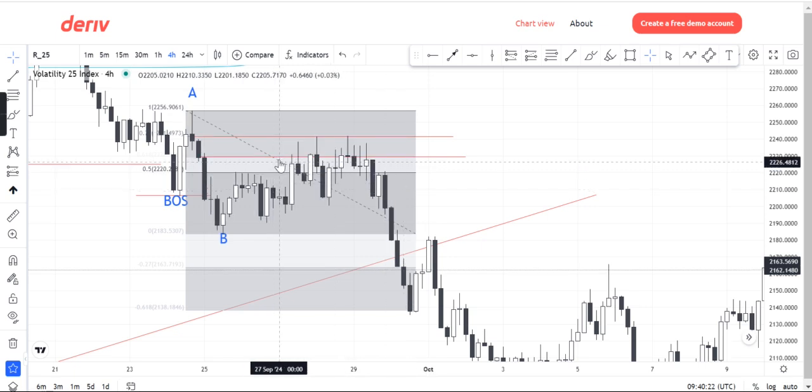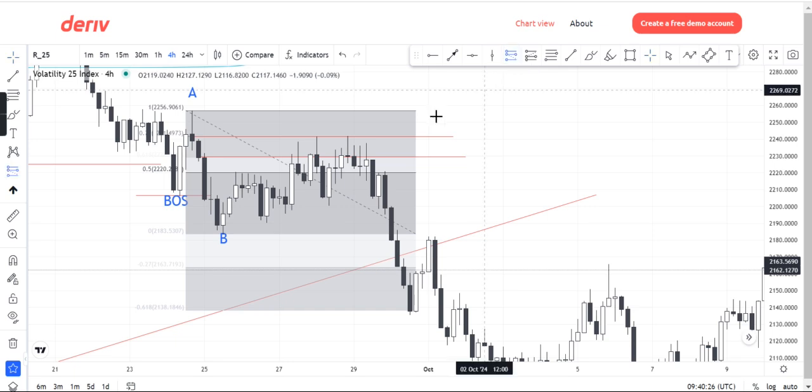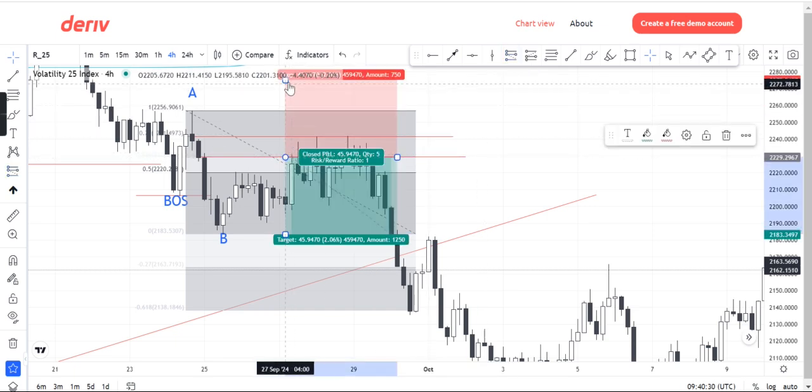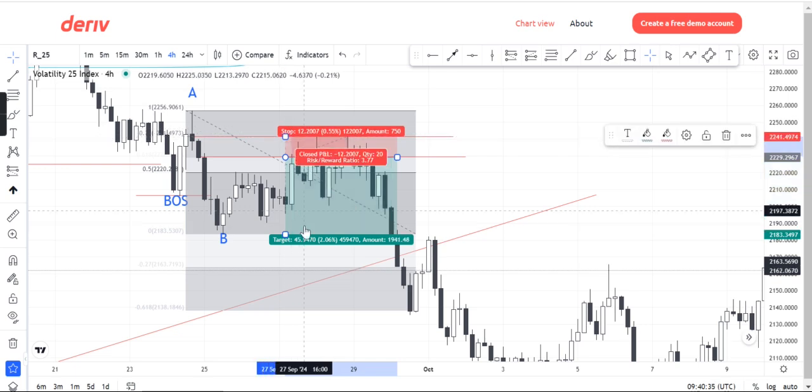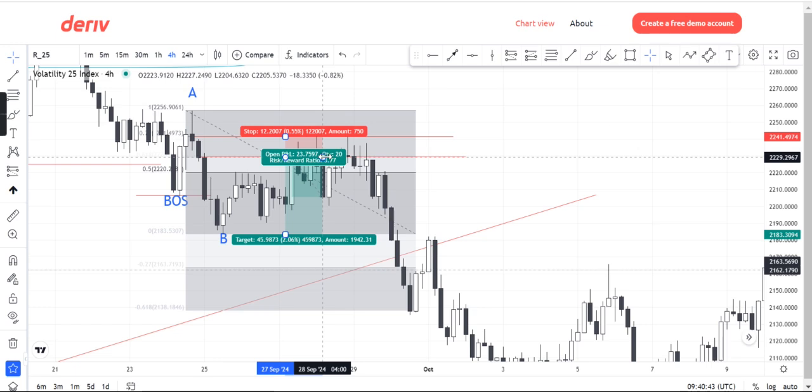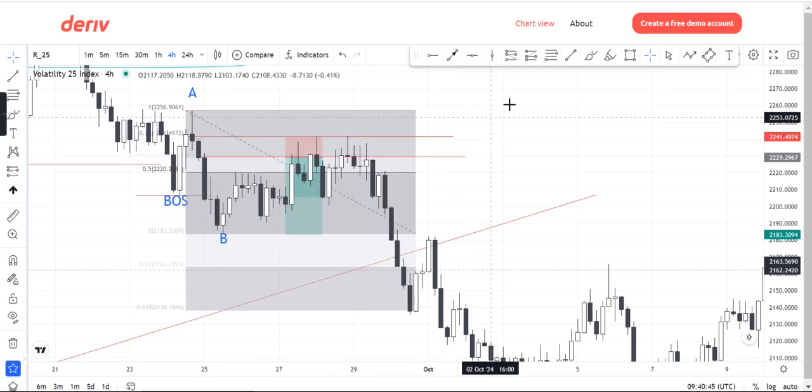So the first entry we took on this particular market basically hit stop loss. It hit stop loss here, and our take profit wasn't triggered.